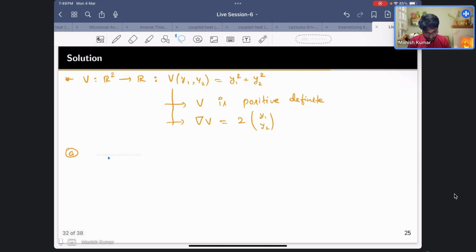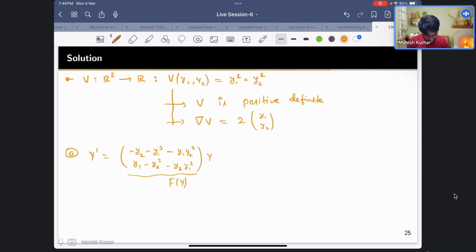This is the system, and this is your f(y). Now let us check d/dt. For stability or asymptotic stability, we just need to check the derivative.